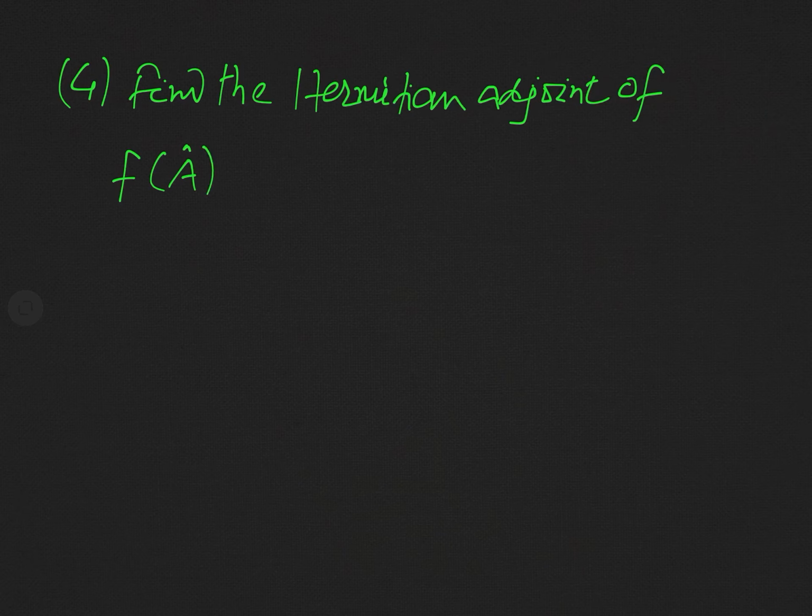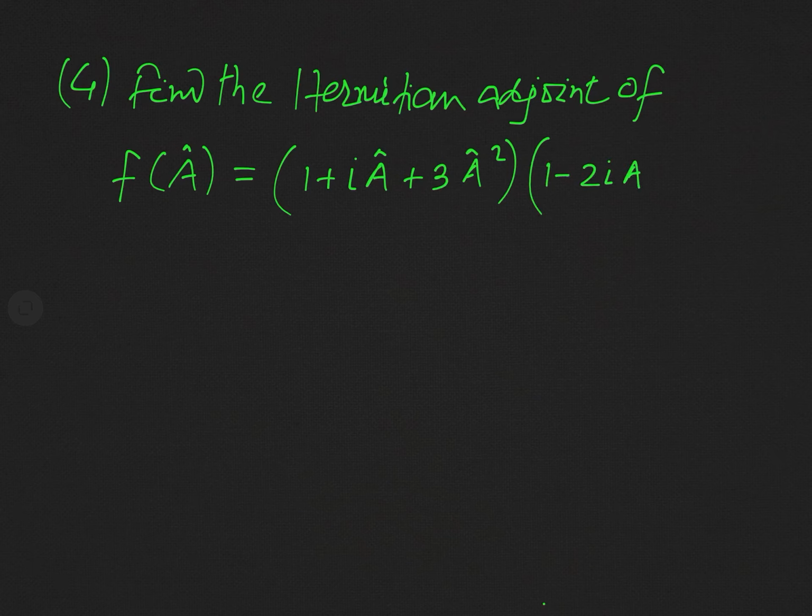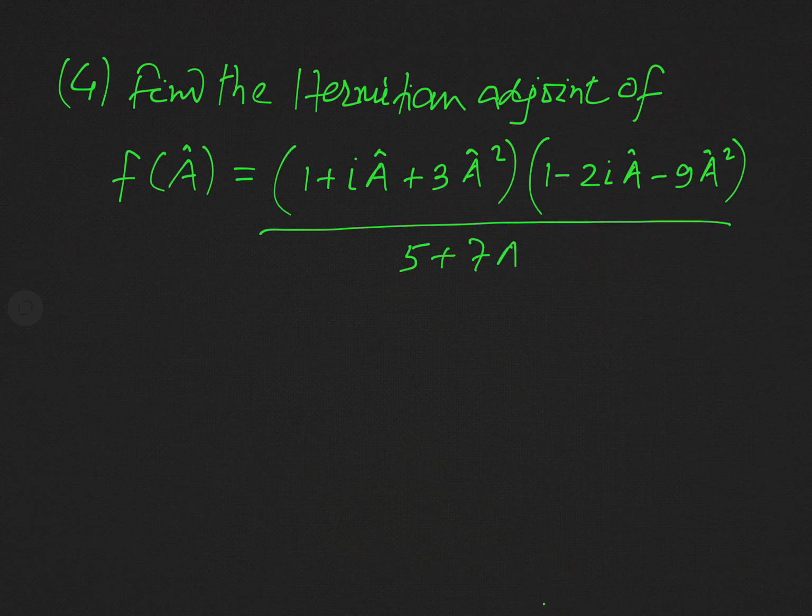This is a function operator actually, and this is equal to (1 plus i A hat plus 3 A hat square) times (1 minus 2i A hat minus 9 A hat square) divided by (5 plus 7 A hat).